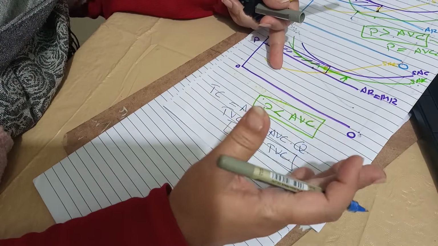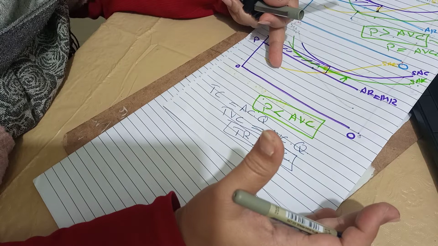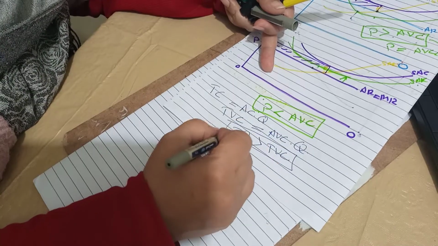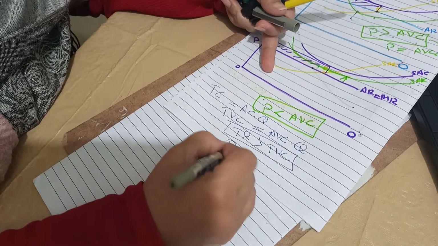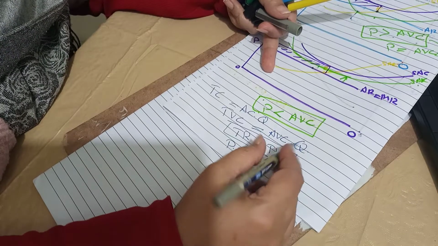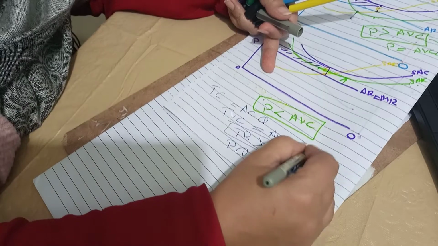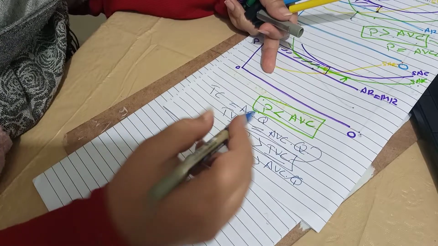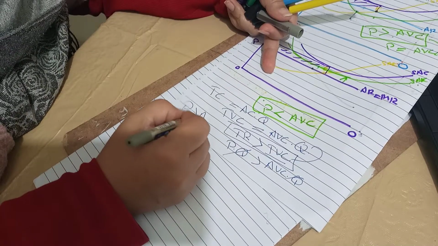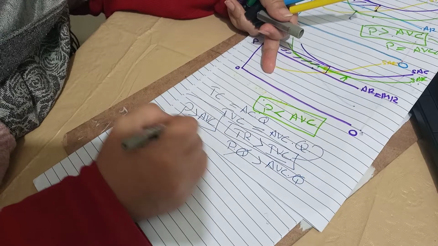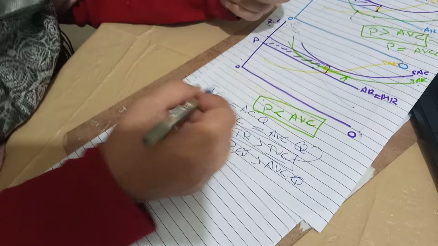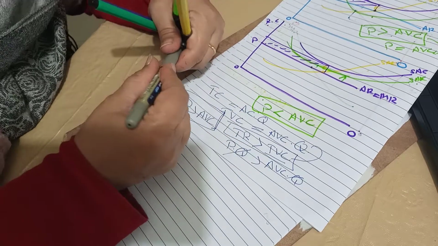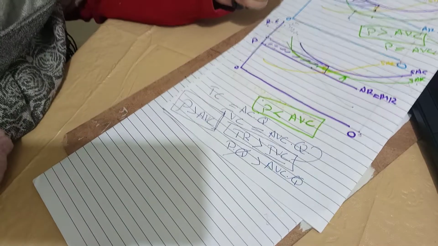But when total revenue goes below the total variable cost, then the firm stops its business. Total revenue is equal to P times Q, and total variable cost is equal to average variable cost times Q. If P is greater than average variable cost, this is the point when the firm decides to continue its business.